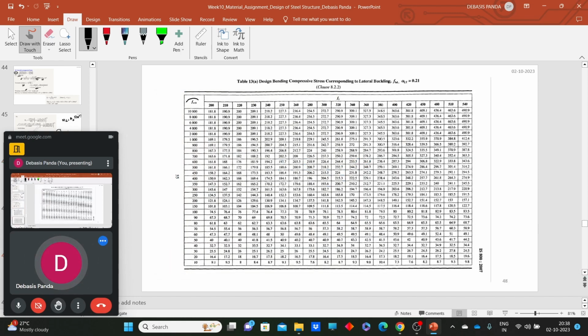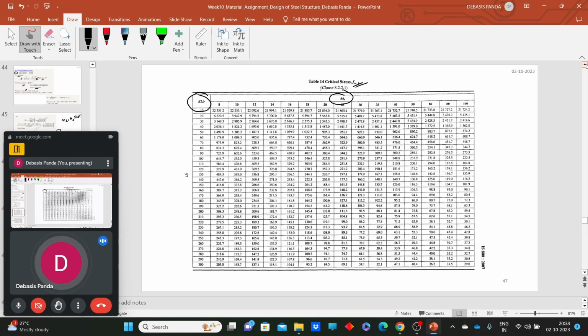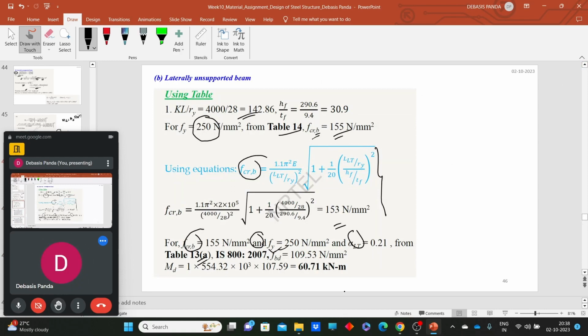Corresponding to fcr,b and fy, we can get the direct value. For alpha LT, two tables are given, 13A and 13B, so corresponding to that value we can easily get fbd. Now, if we put all these values, that comes as 60.71 kilonewton.